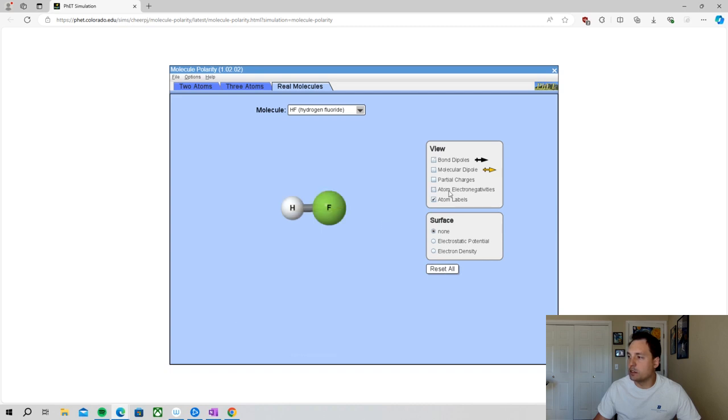Another way of looking at this is with the partial charges. In an ionic compound, we'll have a full positive and a full negative charge. But here we have about a 0.4 positive charge and a negative 0.4 charge.